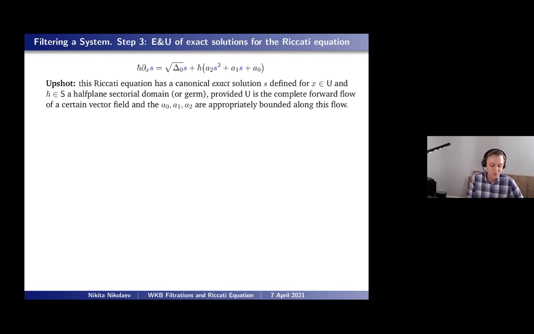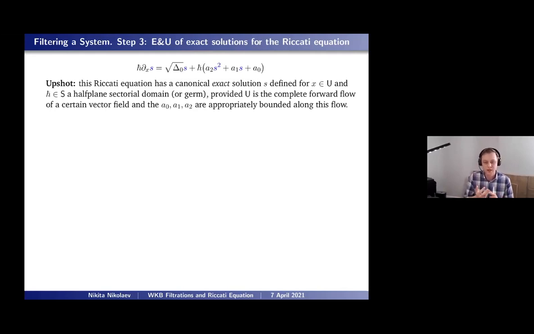Basically the upshot is that this equation has a canonical exact solution, meaning that it's defined and holomorphic in X and h bar, and it's defined for h bar in a sectorial half-plane germ domain, provided two important assumptions.